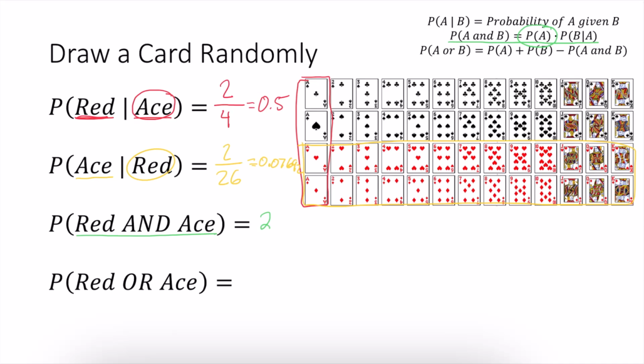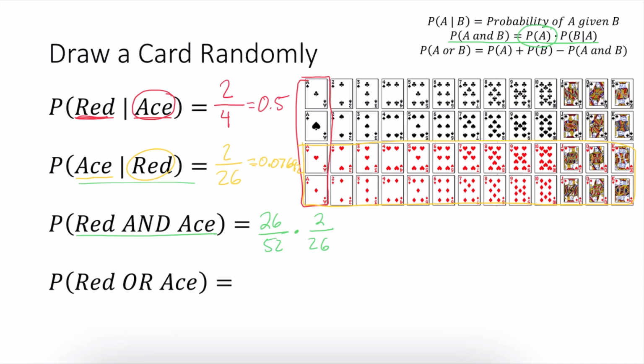So we would have 26 out of 52, because out of the 52 cards, 26 of them are red. Then we would multiply this by the probability of choosing an ace, assuming that we draw a red. There are only 26 red cards to choose from, and two of them are aces. That's basically the probability we just found, because that's what we were calculating up here: the probability of drawing an ace, assuming that you draw red.